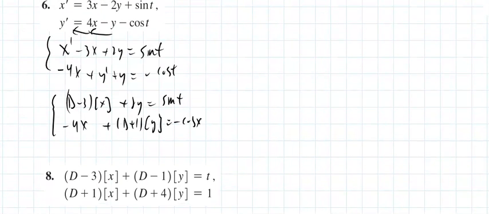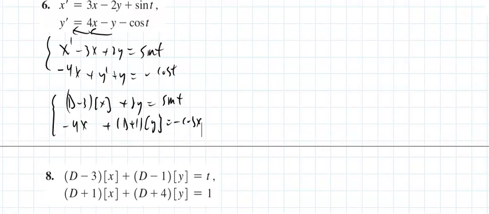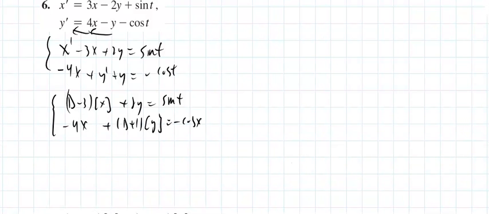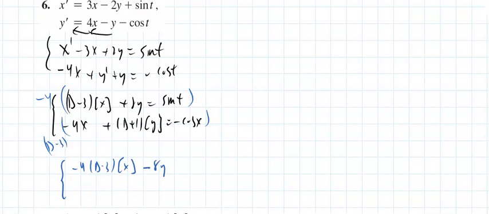And in this case, I would multiply the top by a negative 4 and the bottom, and there's no set way of doing this. I'm choosing to get rid of x first, but it's up to you. If I do that, wouldn't this become negative 4 (D minus 3) operating on x minus 8y equals negative 4 sine of t?